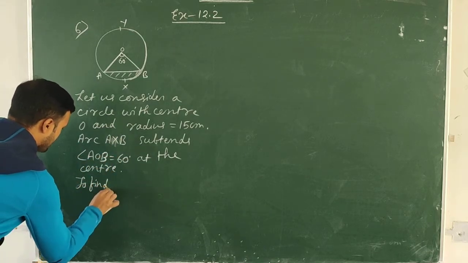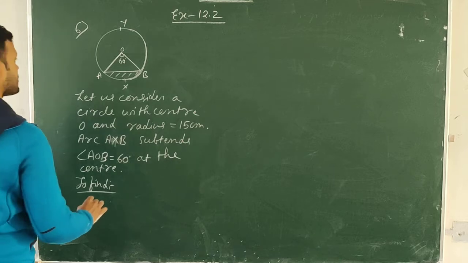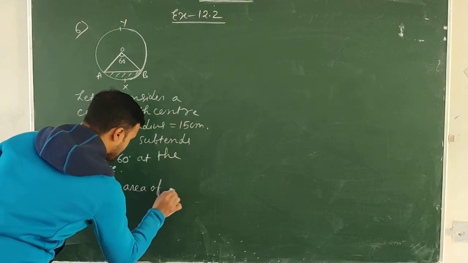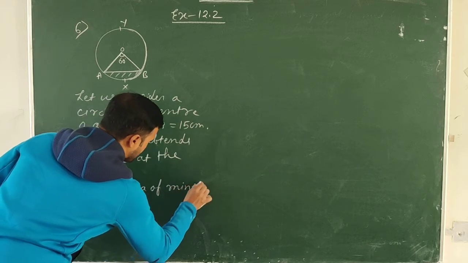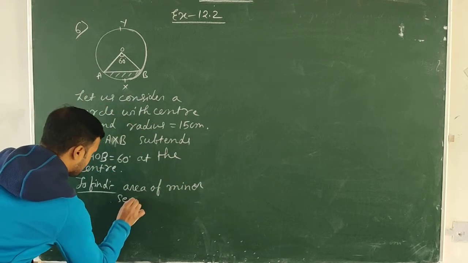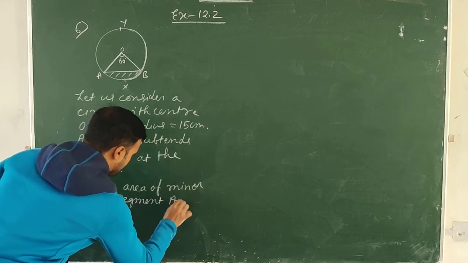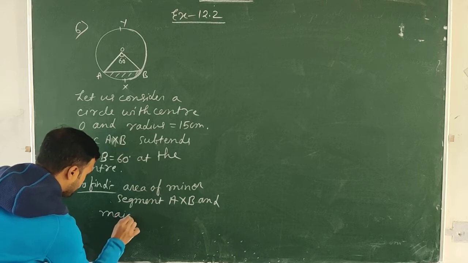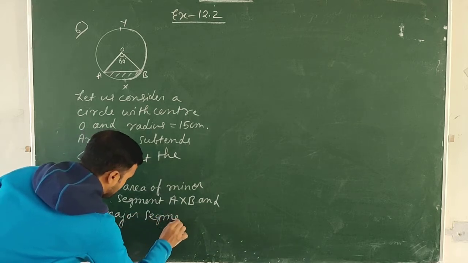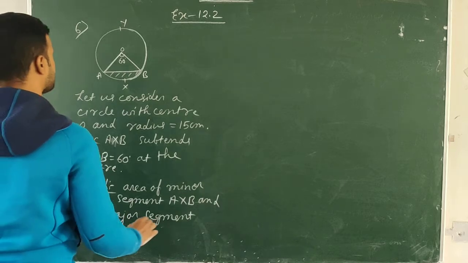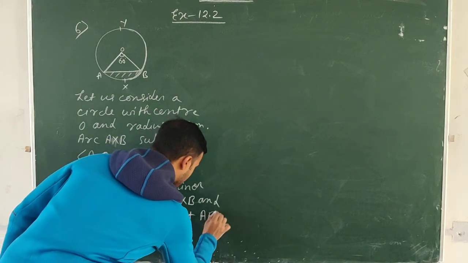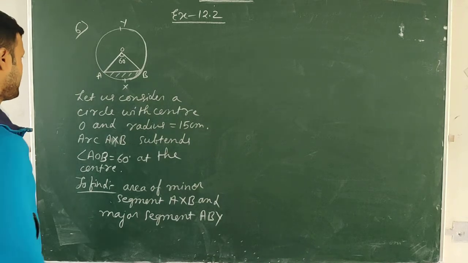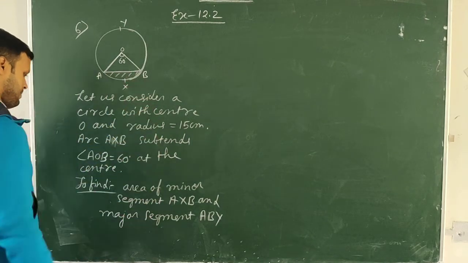Find the area of the minor segment AXB and major segment AYB. Okay, minor segment AXB and major segment AYB.